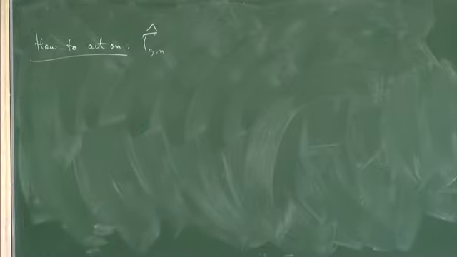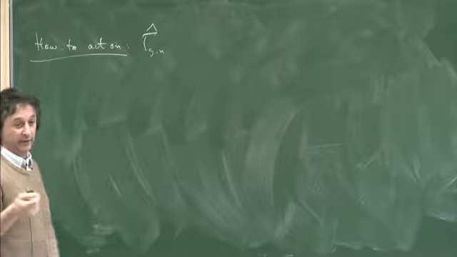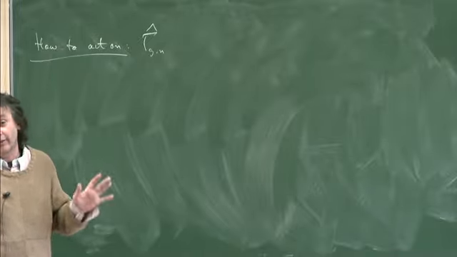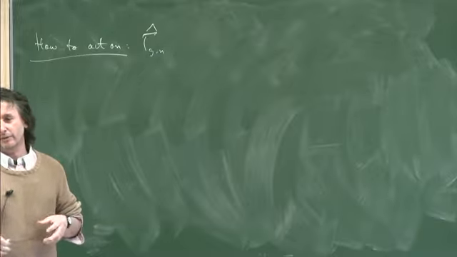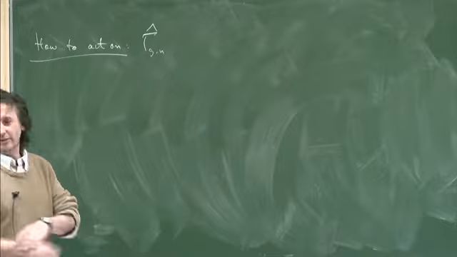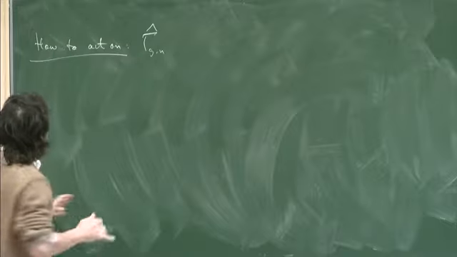Because it's the same as what we had with Drinfeld. If you try to act on gamma G, n, you will find nothing, so plus or minus 1. So you want to act on gamma G, n, hat.